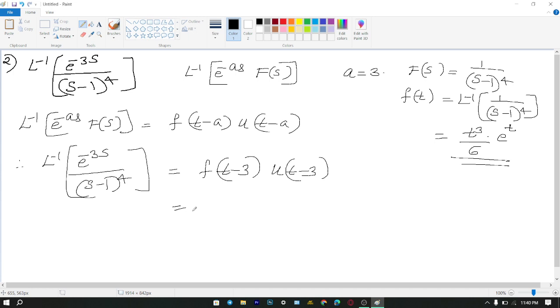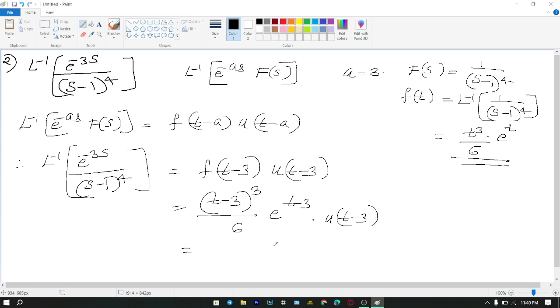And f of t minus 3 is t minus 3 the whole cube divided by 6 into e raised to t minus 3, and you can substitute the value of u of t minus 3 also. We know u of t minus 3 takes the value 0 when t is less than 3 and equal to 1 when t is greater than or equal to 3.